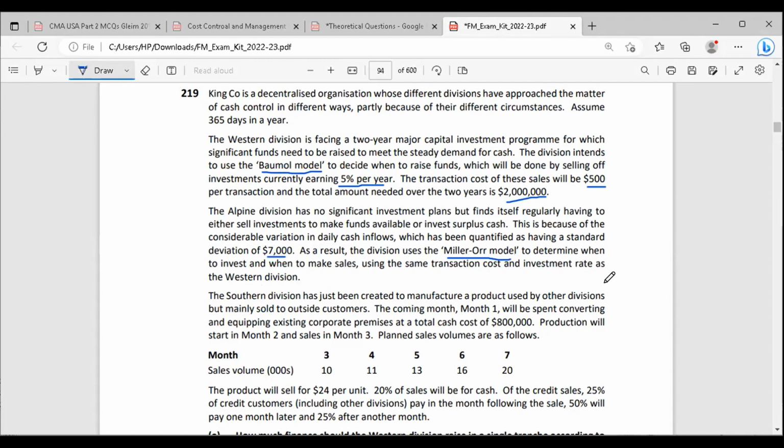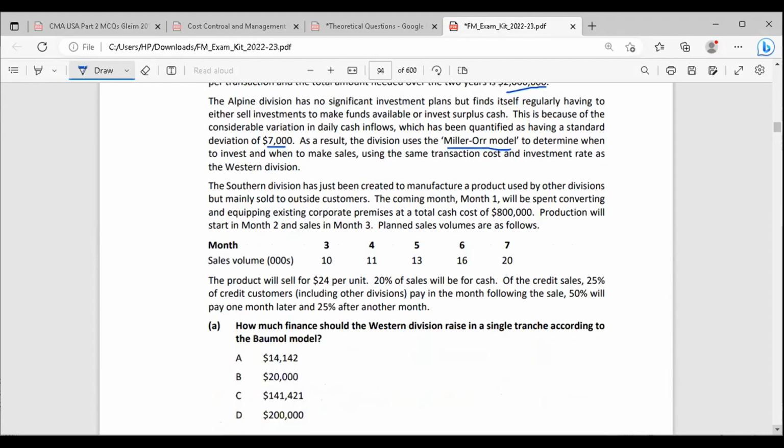Then we have the Southern division, which has just been created to manufacture a product used by other divisions, but mainly sold to outside customers. The coming month one will be spent converting and equipping existing corporate premises at a total cash cost of 800,000. Production will start in month two and sales in month three. The planned sales volumes are given as follows.